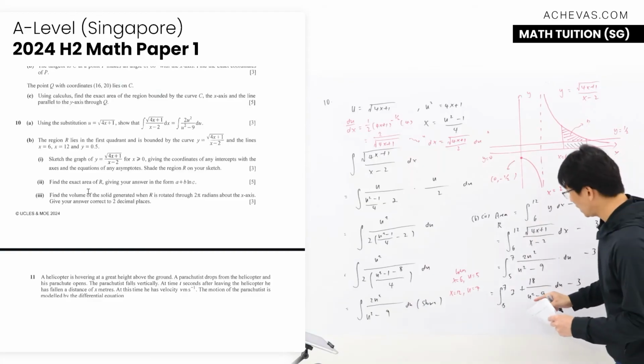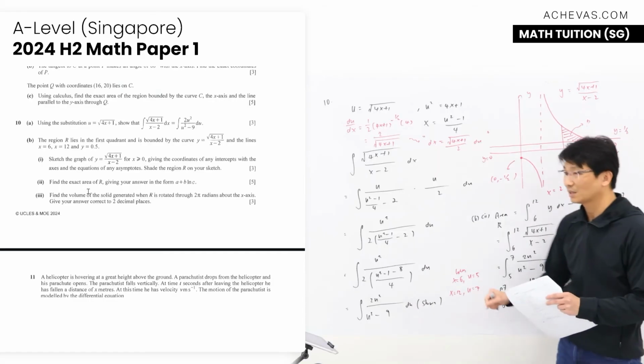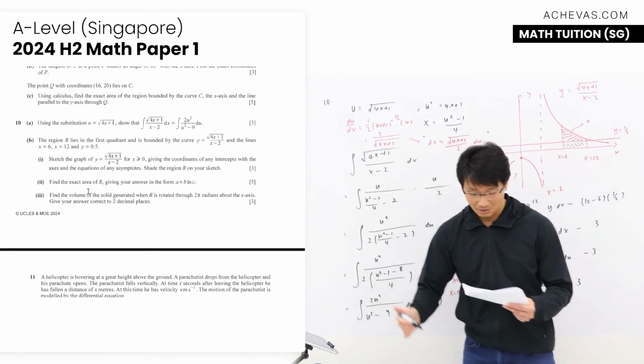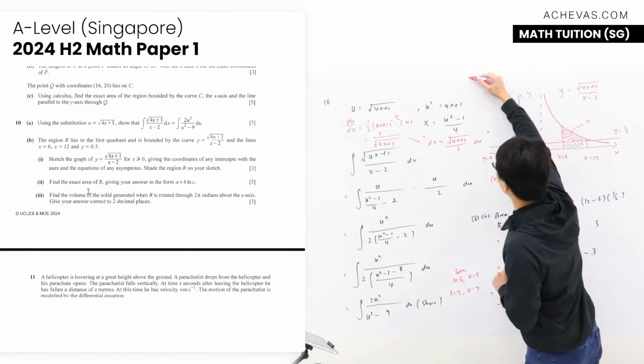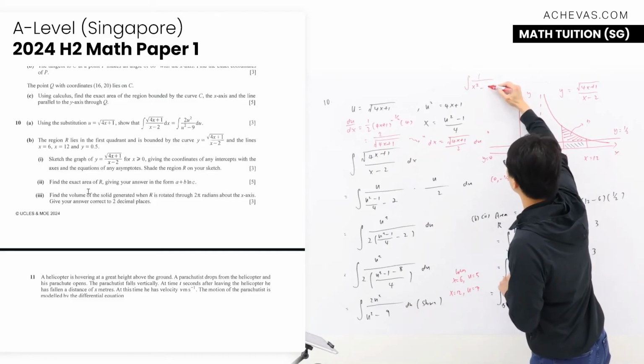Okay, and if we can recall, in fact, the integration of 1 over u squared minus 9, I can make use of my MF26 again. Right, we are given the formula in the MF26, 1 over x squared minus a squared.